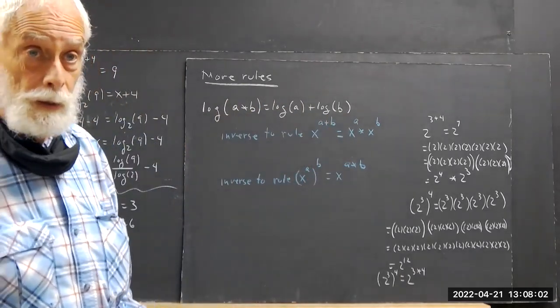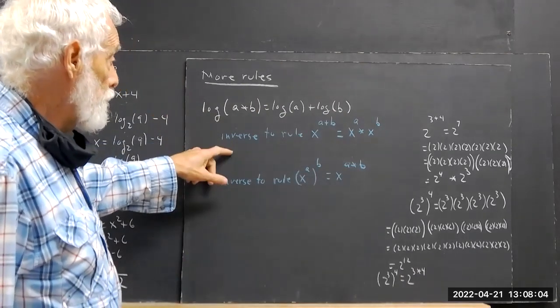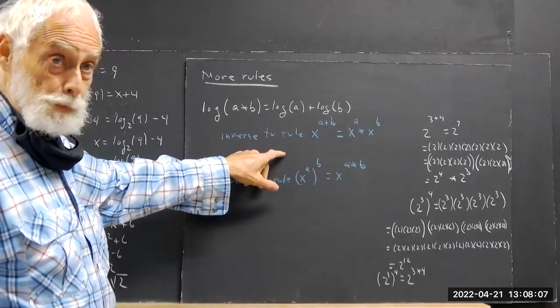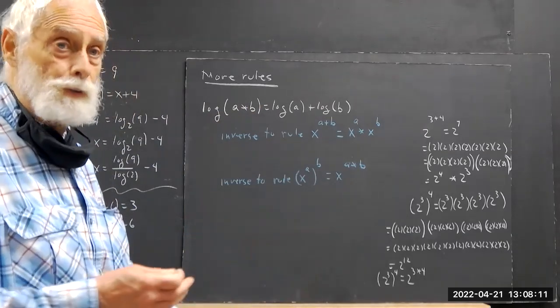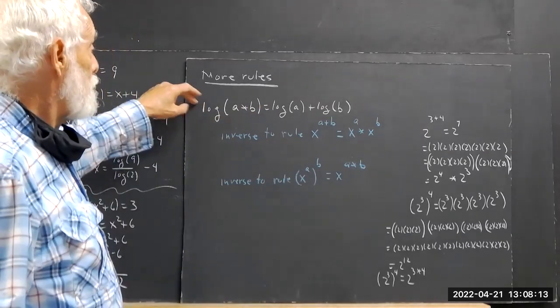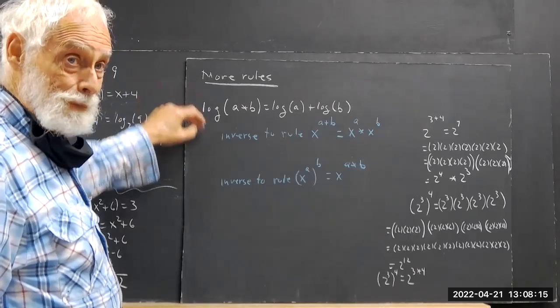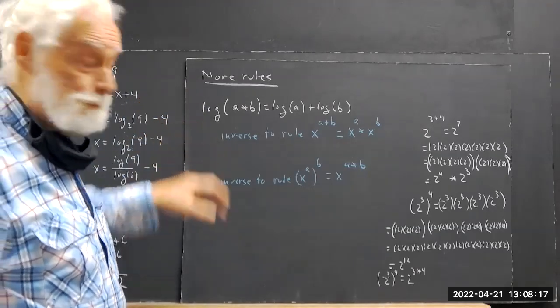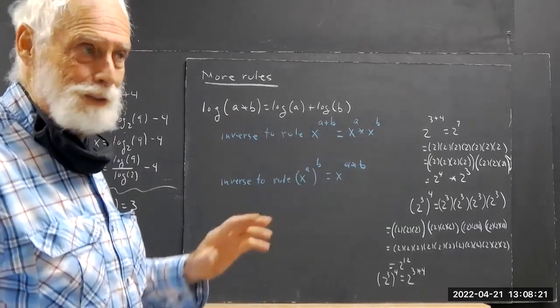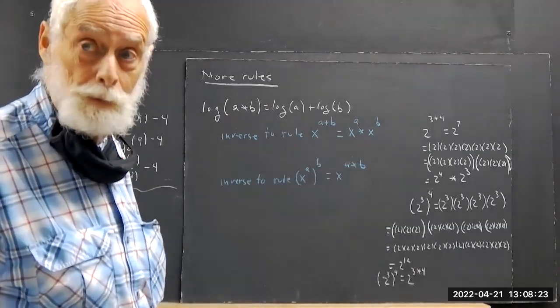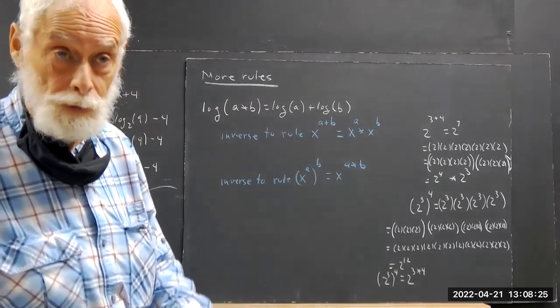The reason for this rule is this rule. I'm not going to go deeply into that, but there's a relationship that might help you remember this rule if you know this rule. It might confuse you, and if so, don't bother looking at the inverse property. Just memorize the rule and practice using it so that you get it right.